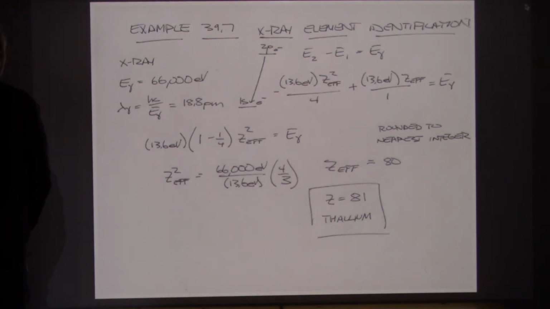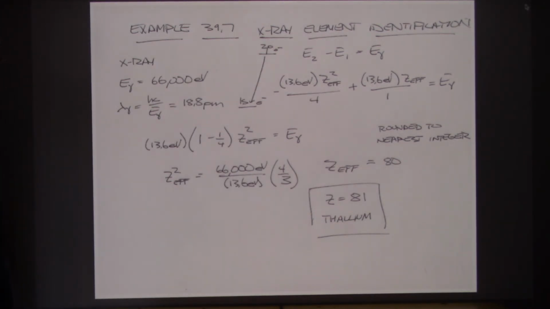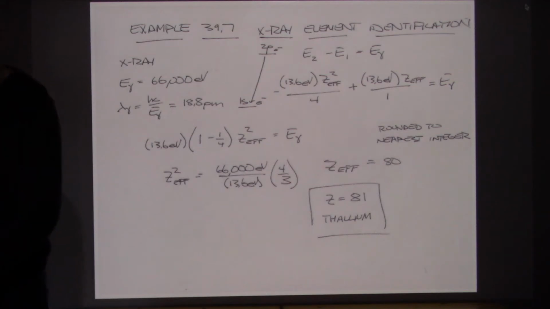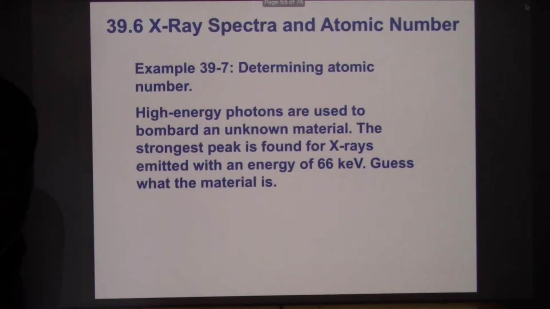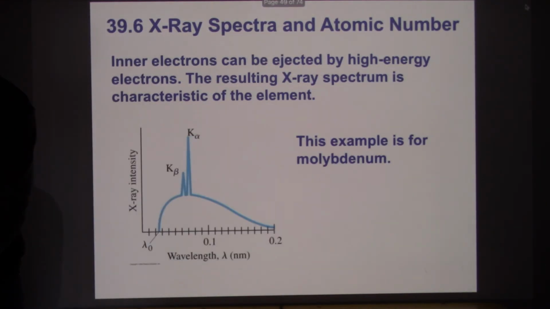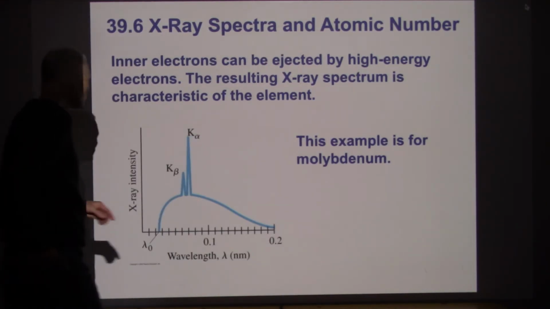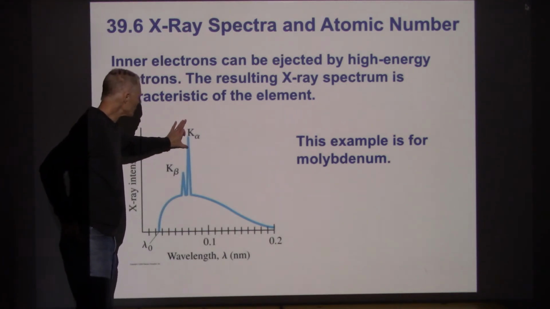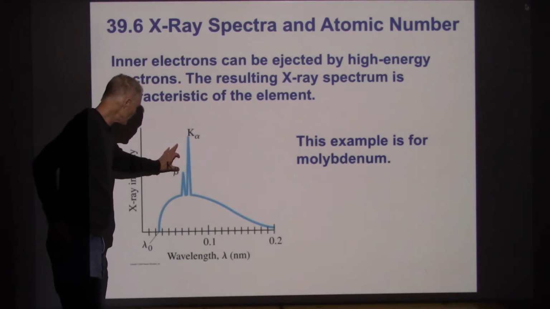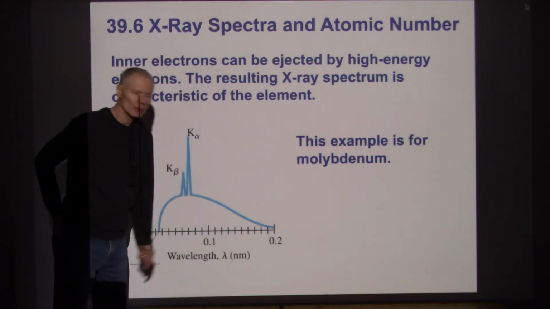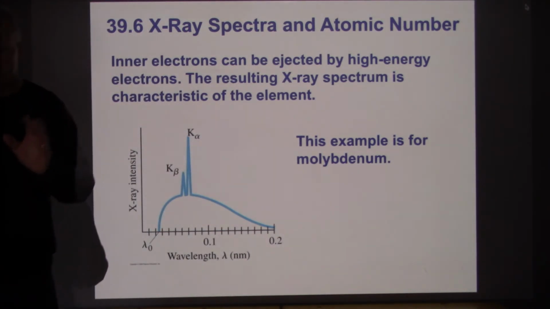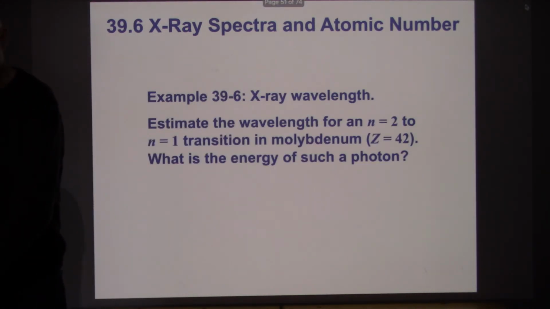And it works. It works all the way through the periodic table when we take a look at element identification through X-rays. And then this is just showing that, when we looked at the X-ray, notice we're not just getting X-ray lines at specific energies. There are other X-rays being produced, and that's where the electrons are just going through the material.